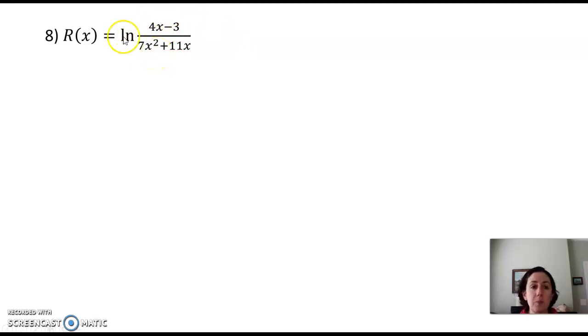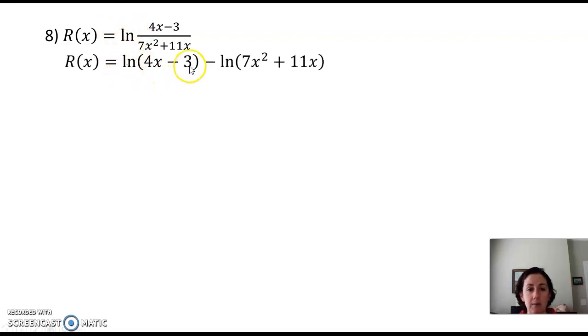But we can use the properties because we have a natural log right here. We have that property that says if you're taking the logarithm of two things being divided, it's the logarithm of the numerator minus the logarithm of the denominator. By breaking them up into two separate logarithms, I just got rid of having to use the quotient rule. So now I can take the derivative of this minus the derivative of this.